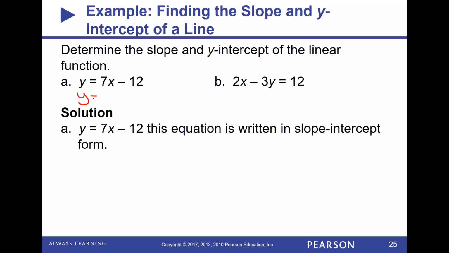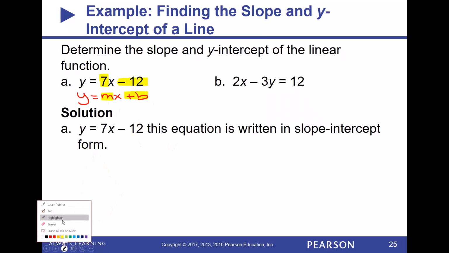So since it is in y equals mx plus b format, I'm going to write the formula underneath it so it can help me line things up. As I line things up, I'm noticing 7 is in front of that x, and then I have a minus 12 at the end there.